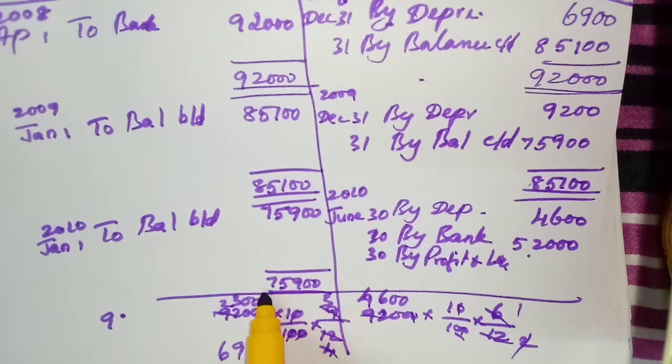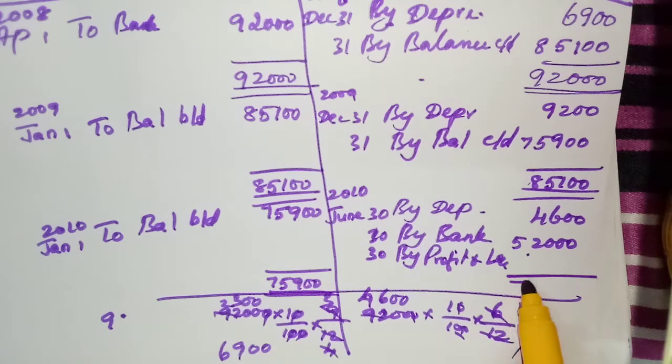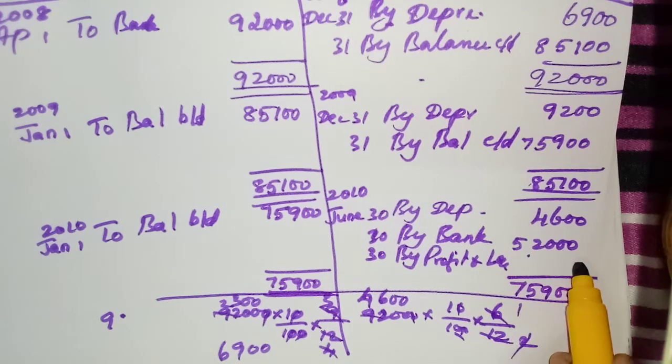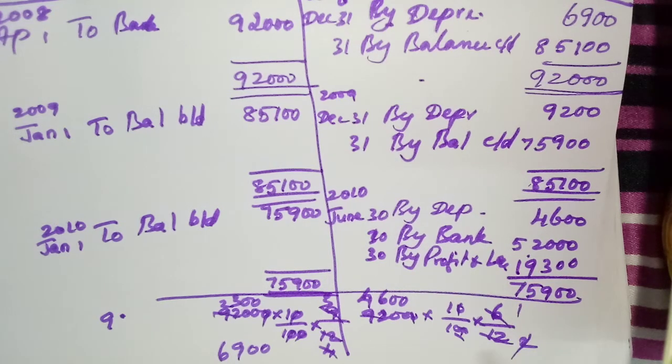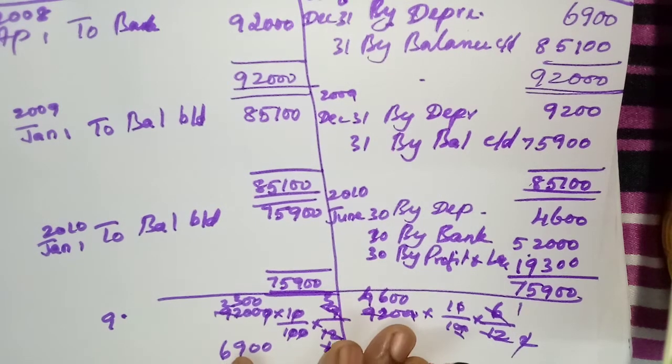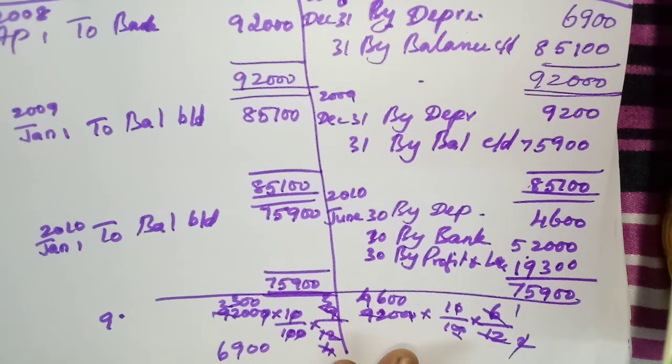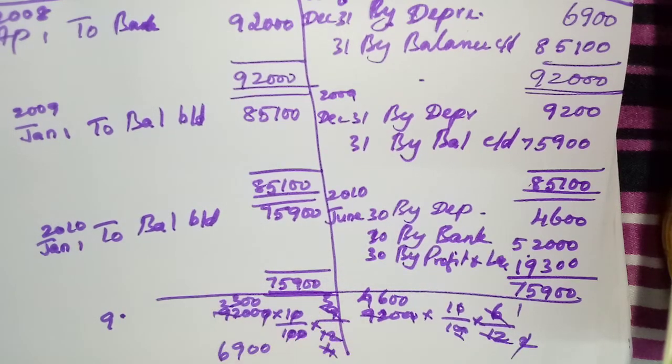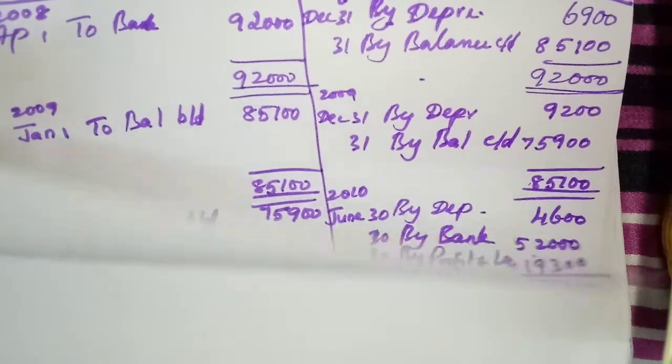We need to calculate the total amount, balance amount. 75,900, here also 75,900. We will calculate the loss. 6 plus 3, 9. Then 6 plus 9, 15, balance 1; 6 plus 1, 7. So what is the loss? 19,300. Only machinery account they have asked. This is the answer. They may ask this one for 5 marks also.